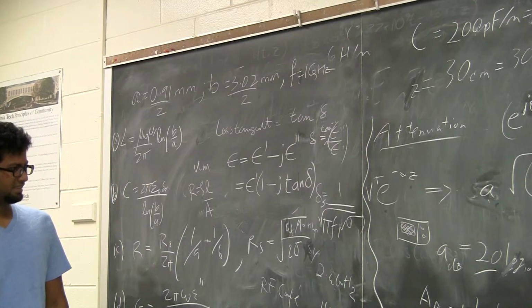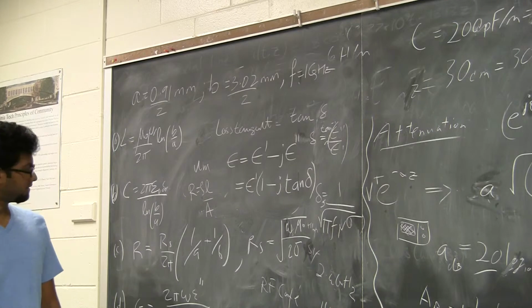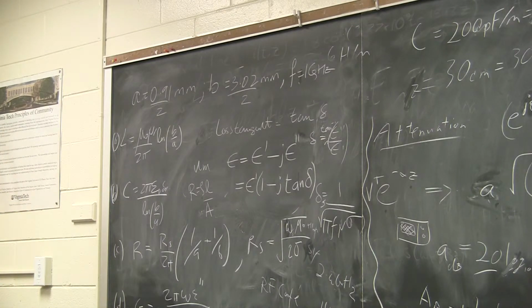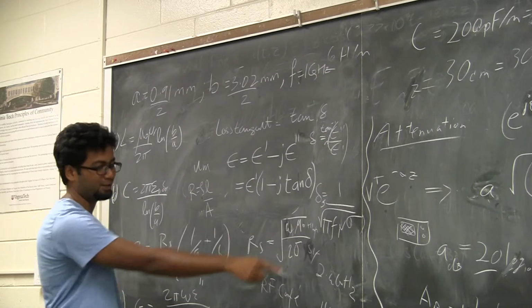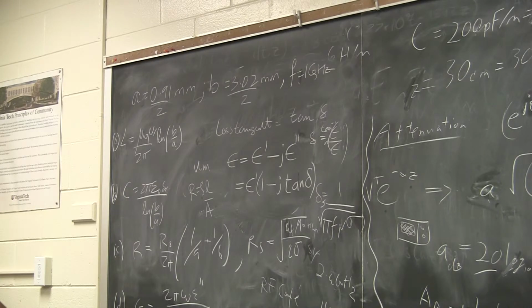Should be ohms, don't you think? Because R over there is R_s over 2 pi, 1 over a plus 1 over b. So R has to be ohms. But there is another expression for it here which doesn't really do you any good.